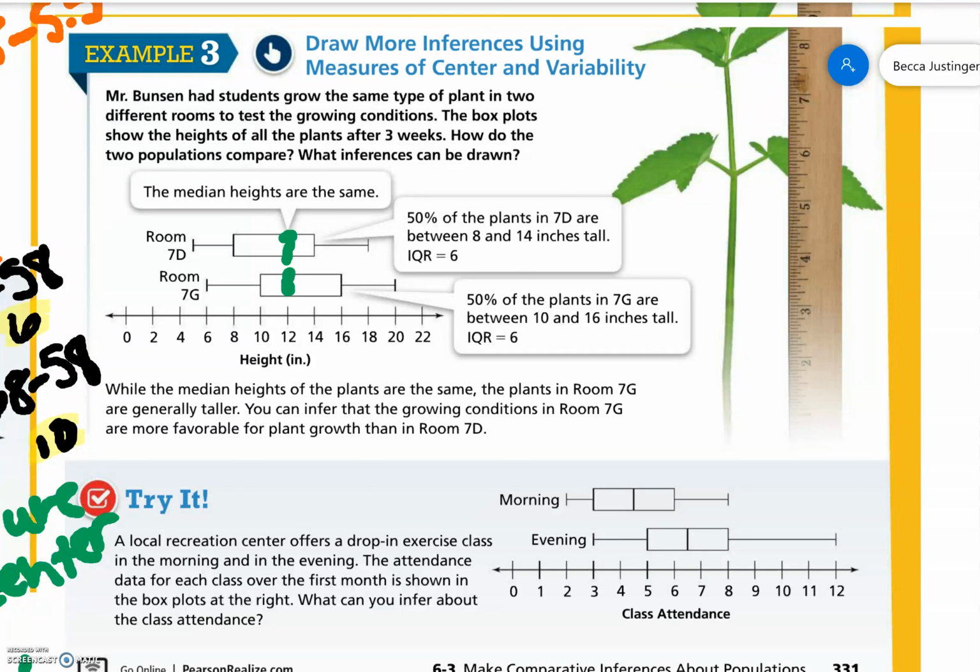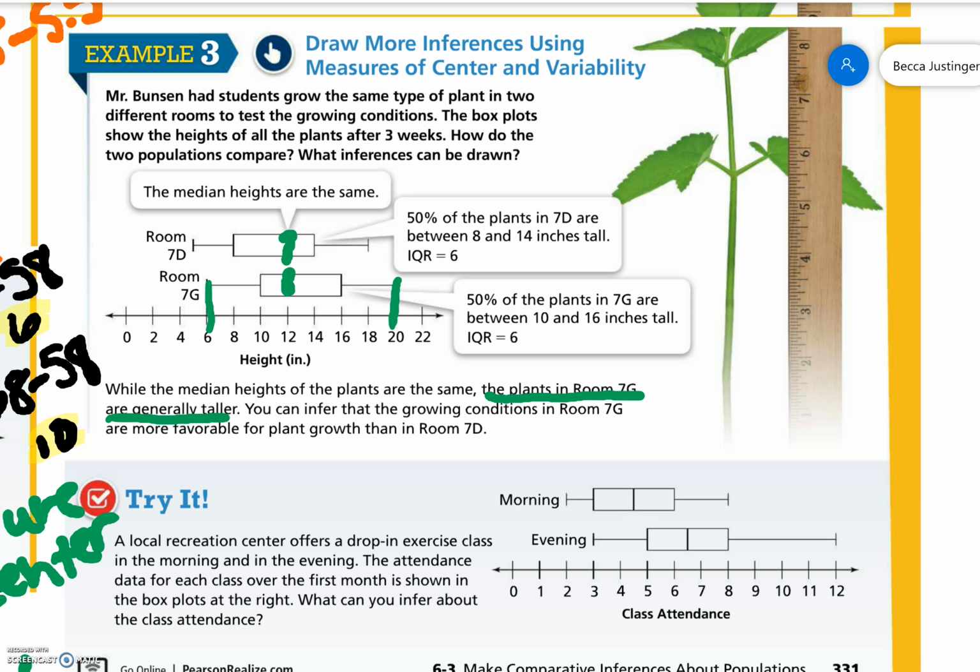You can make the inference that the plants in room 7G are generally taller because the lowest height and the highest height in 7G are taller than the lowest and the highest in 7D.